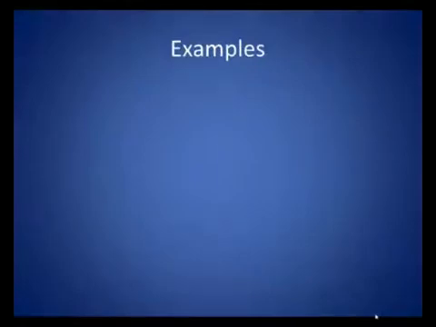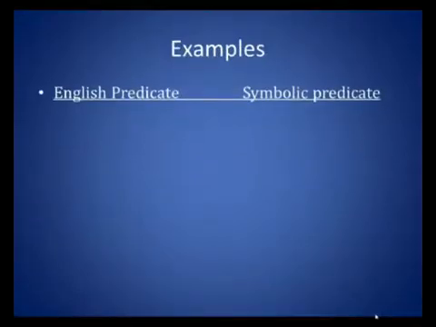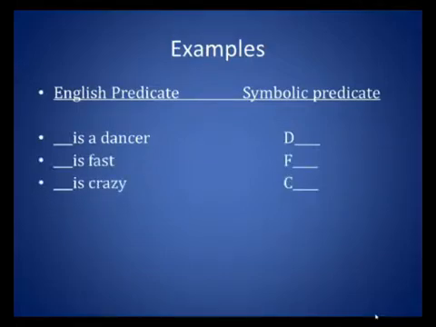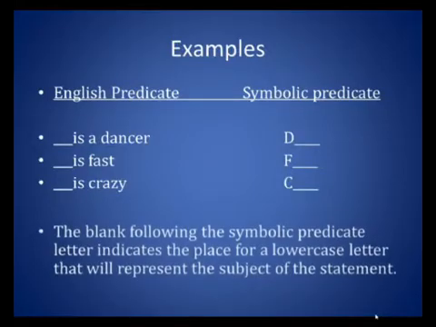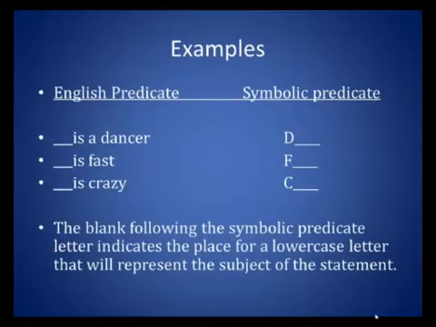So here's some examples. I'll put the English predicate on the left, and we'll put the symbolic predicate on the right to give you an idea. This is similar to what you'll see in your textbook as well. So on the left, I have "blank is a dancer." On the right, I have a capital D, which stands for dancer, and a blank. In these blank spots, we'll put a lowercase letter that will represent the subject of the statement.